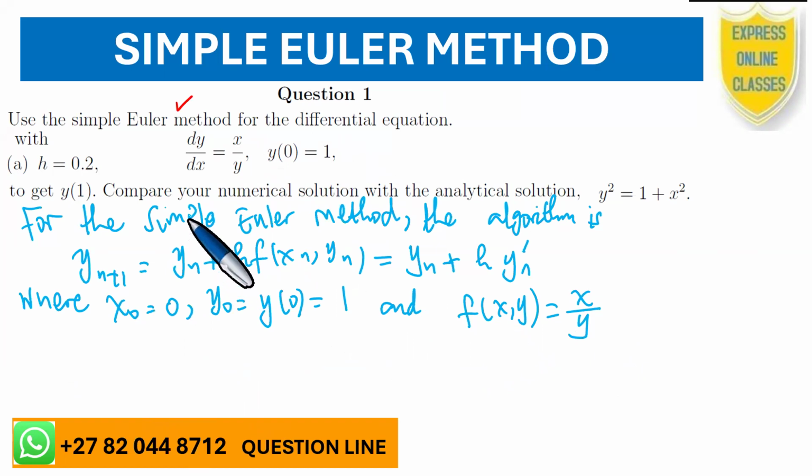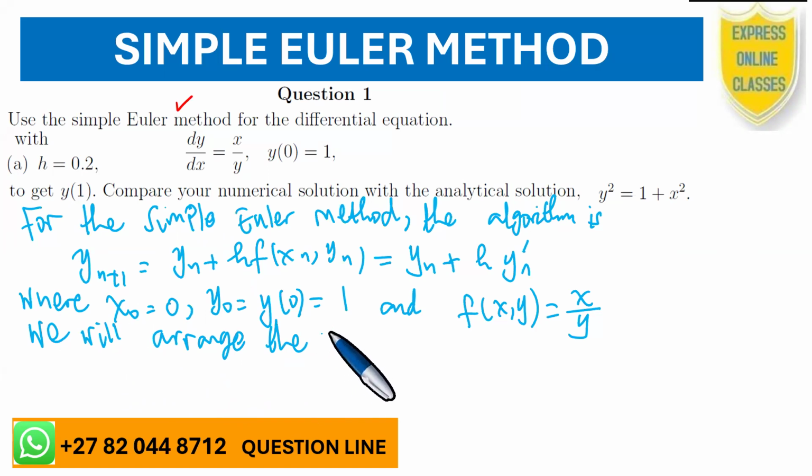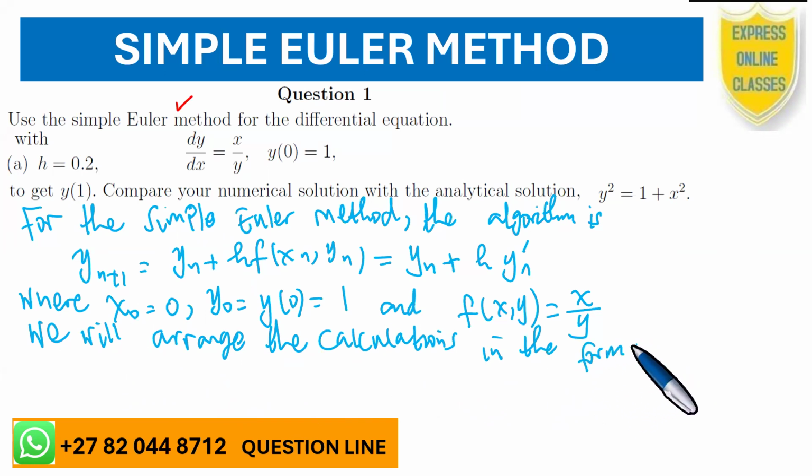And to continue now with our notion of the simple Euler, we will arrange the calculations in the form of a table, with columns.